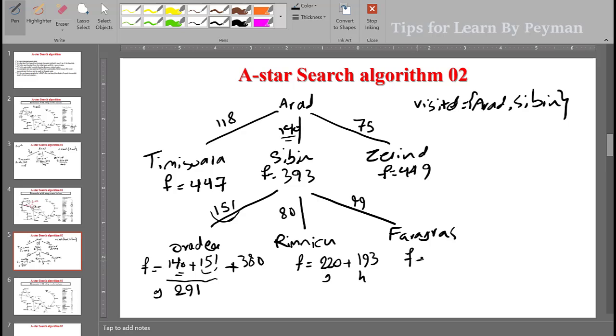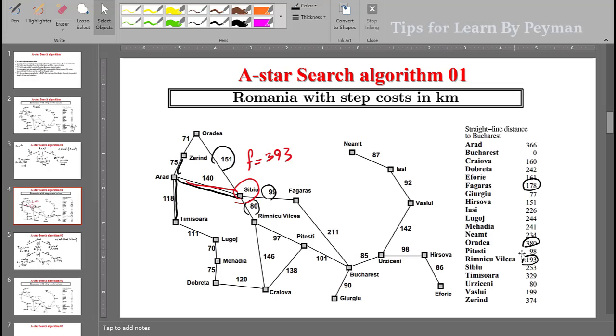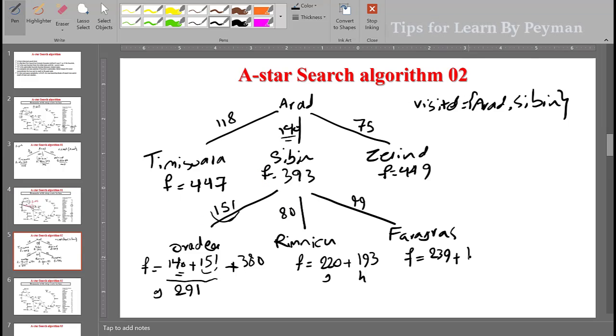Okay, and for Faragras we have 99 plus 140, it would be 239 plus, let's check it, 178. So we have 178 here. So if you calculate this, the F value for Orada would be 671. For Rimiju it would be 413, and for Faragras it would be 417.